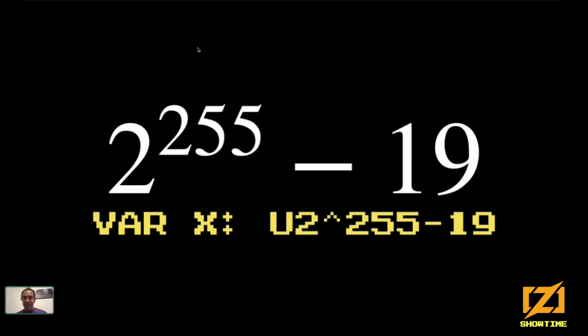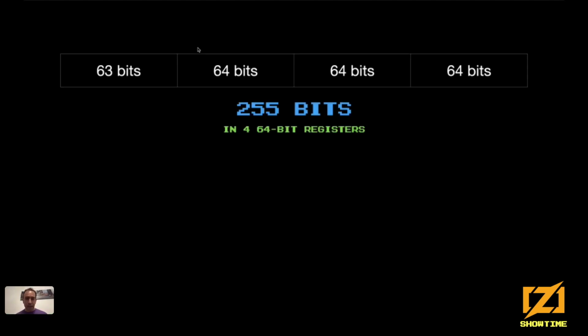So unfortunately, Zig doesn't have any type like this one. 2 to the 255 minus 19 is a nice number, and it's in particular a prime number. So we don't have this type yet in Zig, so we are going to implement arithmetic mod 2 to the 255 minus 19. And this number has a couple of interesting properties, especially for software implementations. This is something we are going to discover.